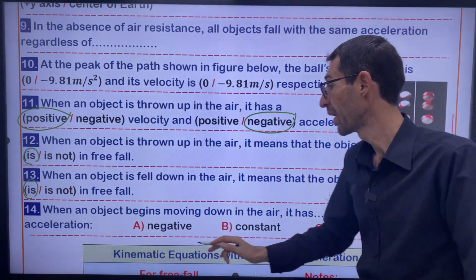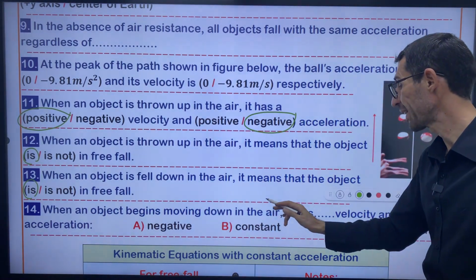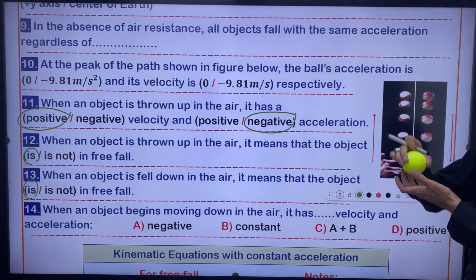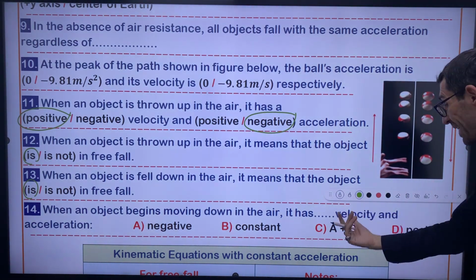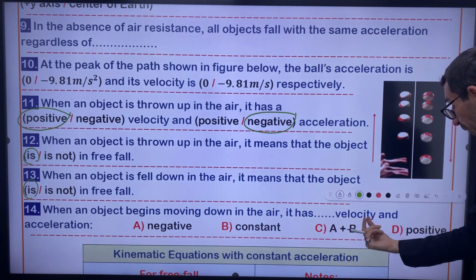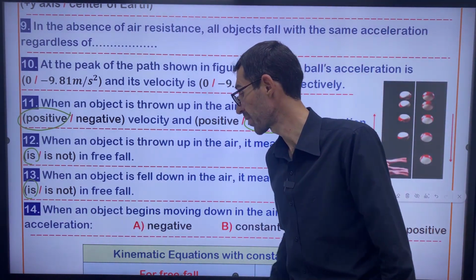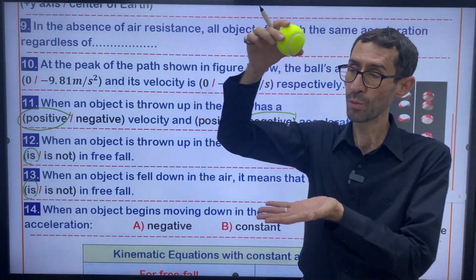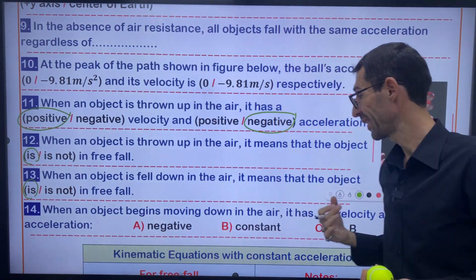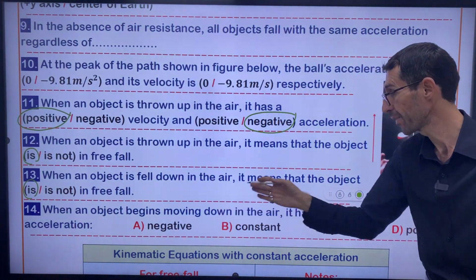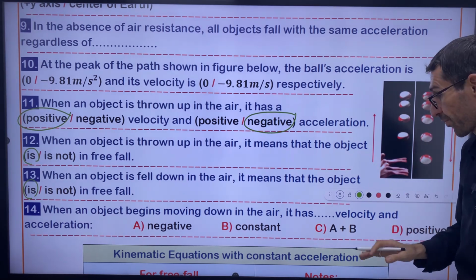Number 14: When an object begins moving down in the air, like the ball, it has what velocity and acceleration?